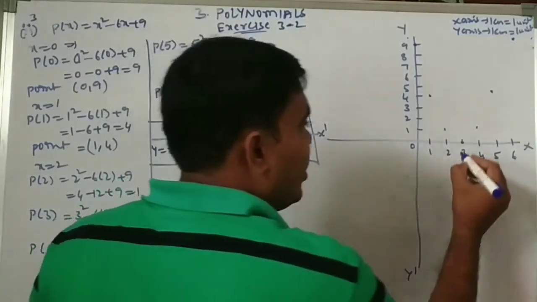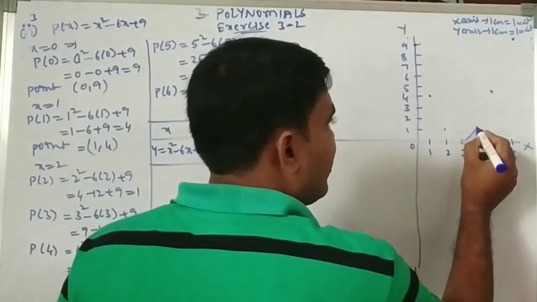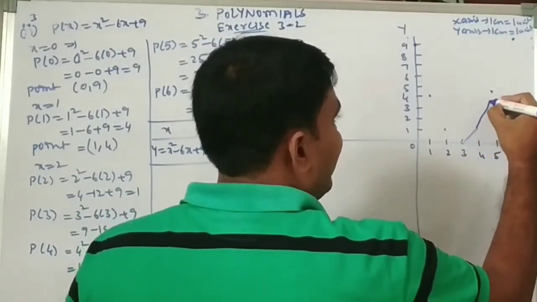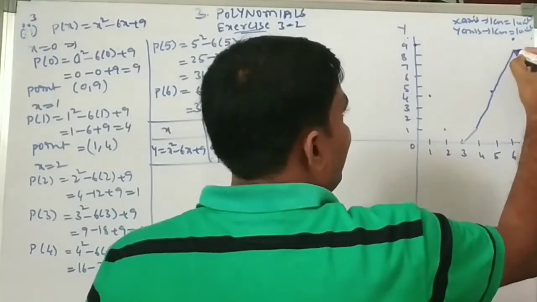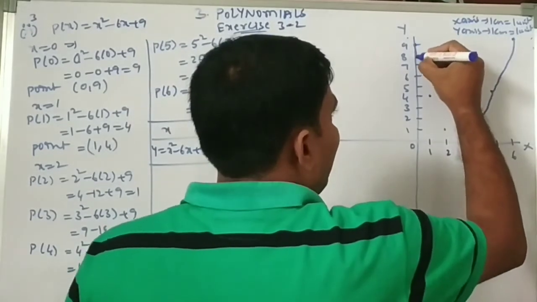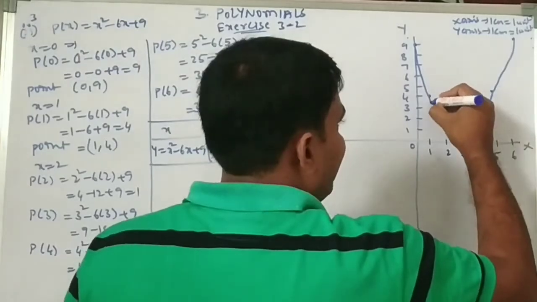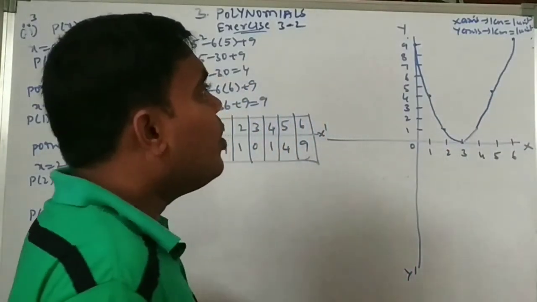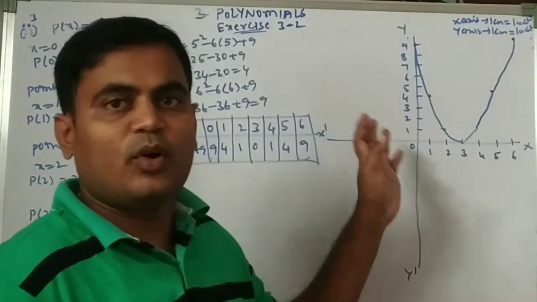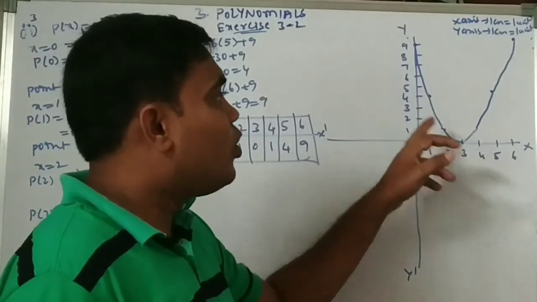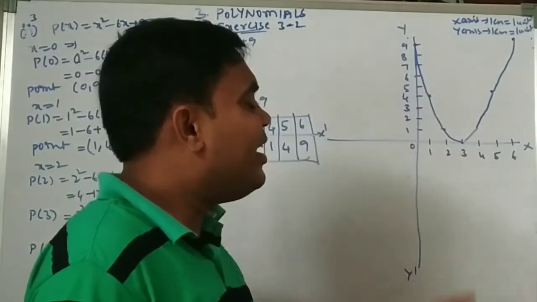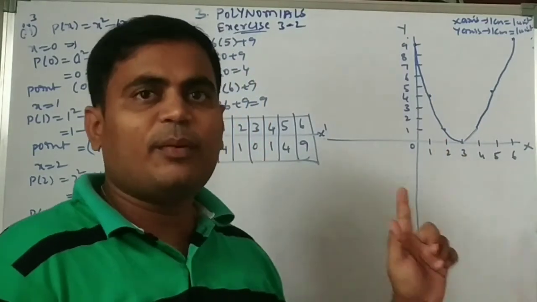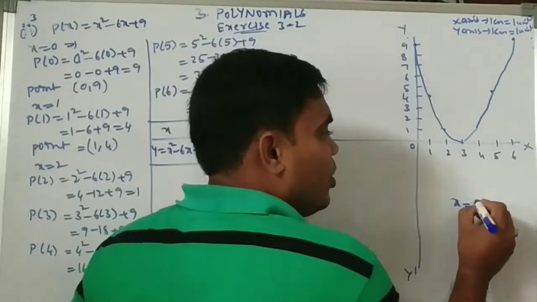So now we join without using a scale. Simply take a somewhat curved line, not exactly straight. If we join all these points, we get a parabola again. This parabola is intersecting the x-axis at only one point, x equal to 3.